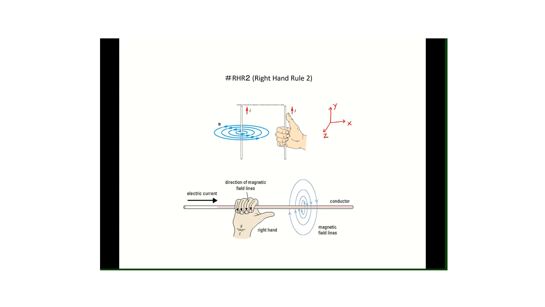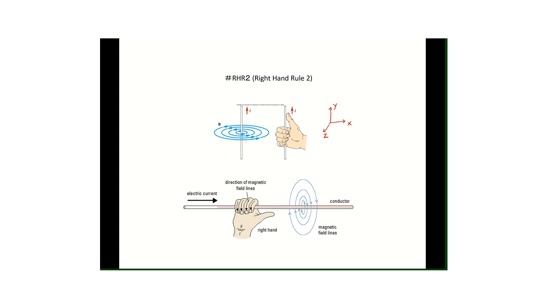So how can we determine the direction of the magnetic field? We can determine the direction by using right-hand rule 2. Right-hand rule 2 is used to determine the direction of the magnetic field induced by a conducting wire.